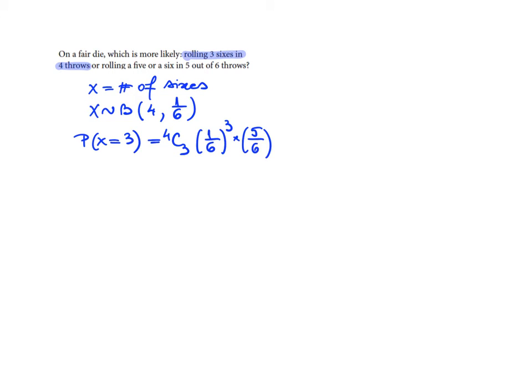The second model, rolling a 5 or 6 out of 6 throws, let's say Y is the number of 5s or 6s. Then Y is binomially distributed, and I throw 6 times, so I repeat the experiment 6 times, and I'm interested in a 5 or a 6.